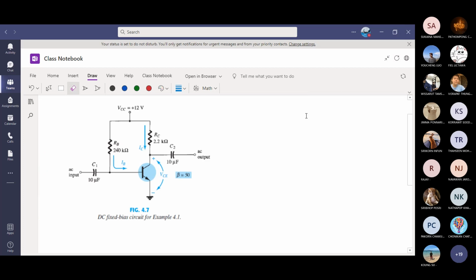I hope everyone can see. A few things we need to solve for this circuit, which means I have to give you which parameters we would like to solve. Definitely you need the base current. So let's solve for the base current, IB.